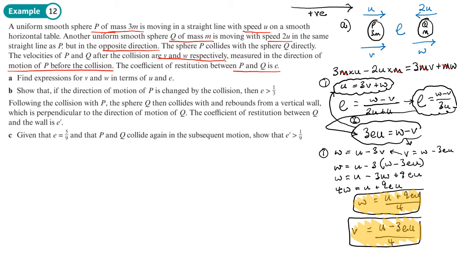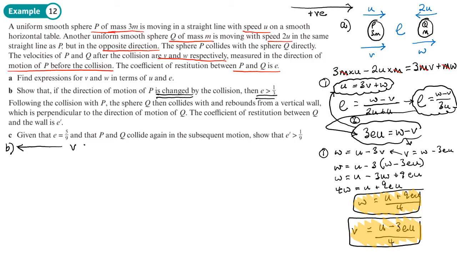Okay, part B, it says show that if the direction of motion of P is changed by the collision, then e must be greater than a third. Now if the direction of motion of P is changed, which basically means it's going to move that way, then v is going to be negative.